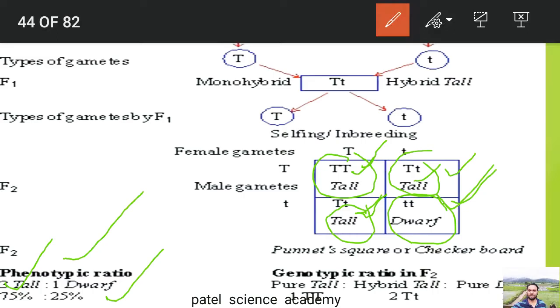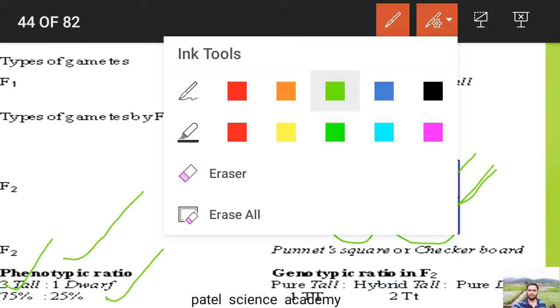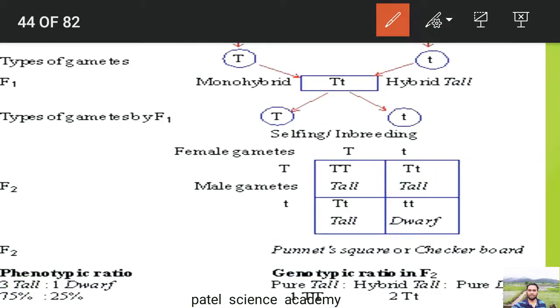Phenotypic ratio is 3 is to 1, and genotypic ratio is 1 pure tall, then 2 capital T small t, and small t small t is 1, that is 1 is to 2 is to 1.